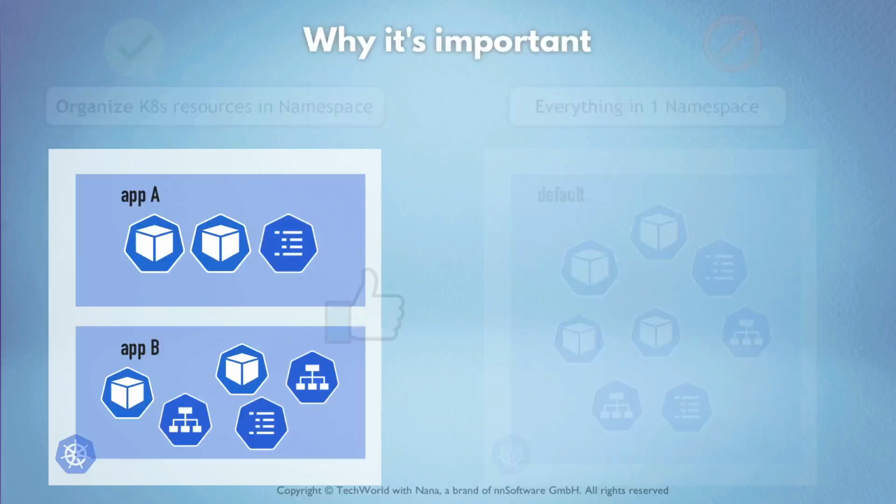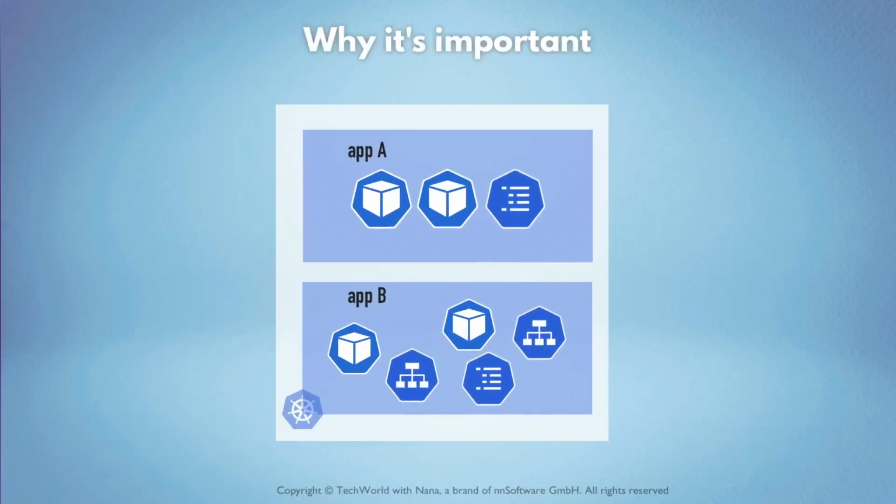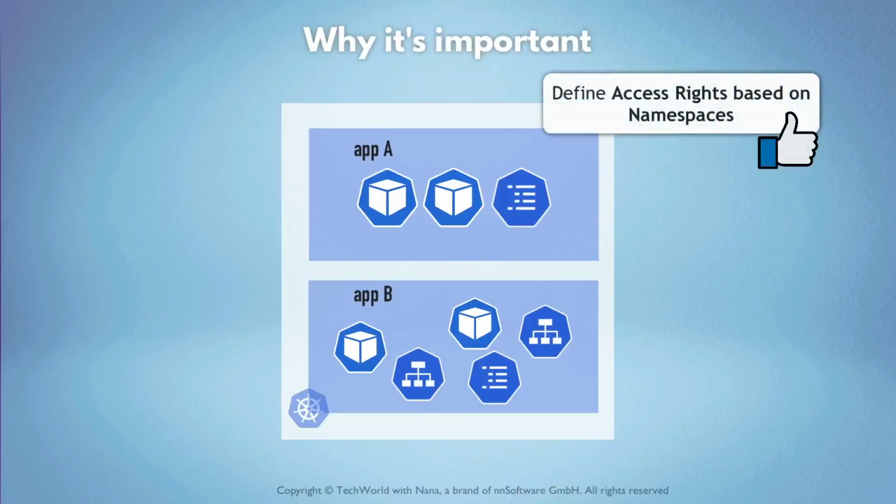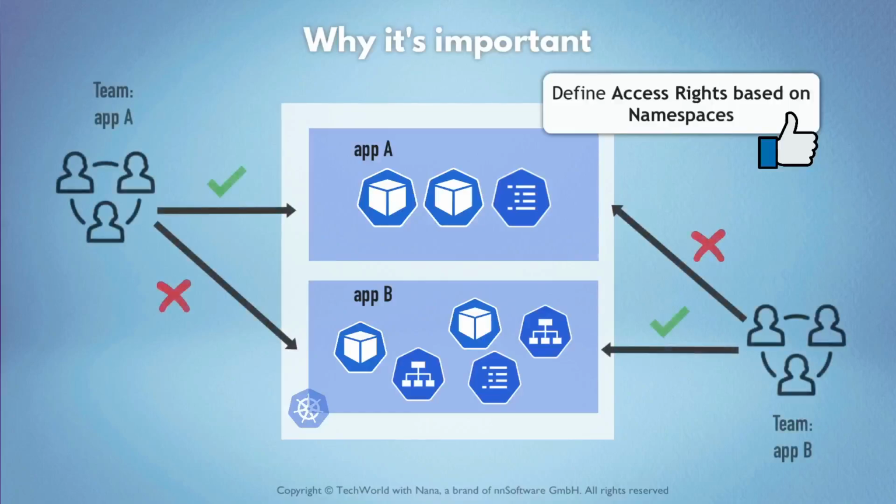And namespace is also very useful not just for grouping certain resources, but also for defining different privileges inside the cluster based on the namespace. So you can have multiple teams working on the same cluster, but each one having and managing their own namespace, and they will get the privileges only for that namespace.